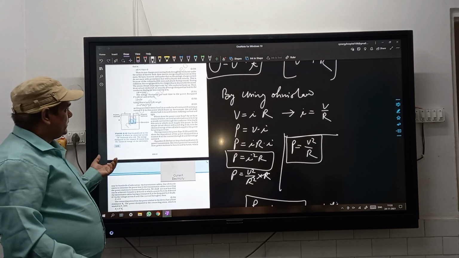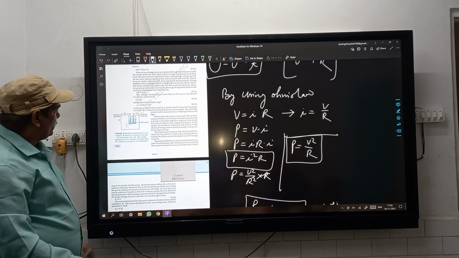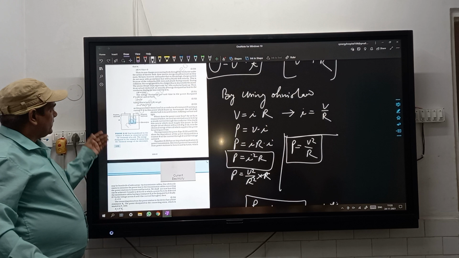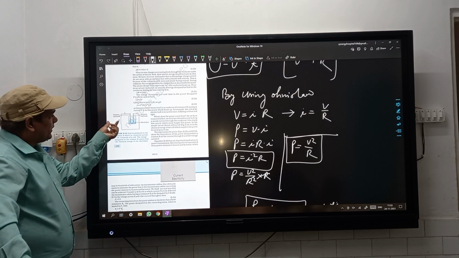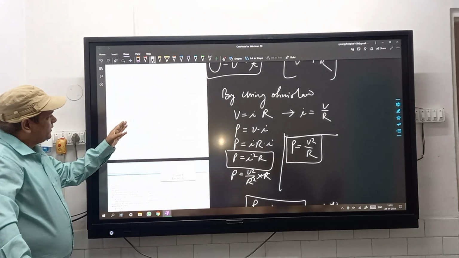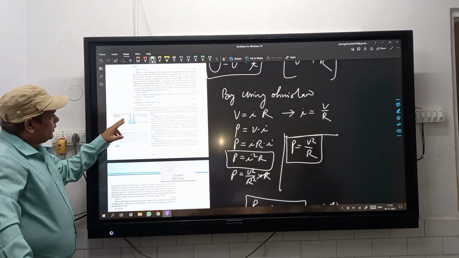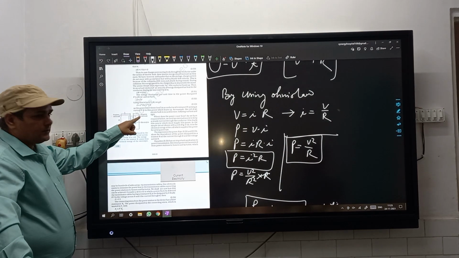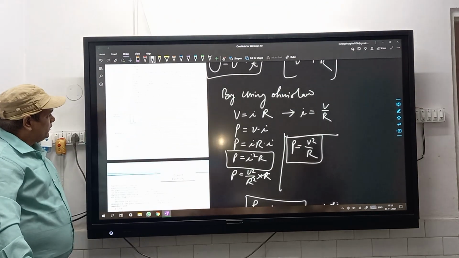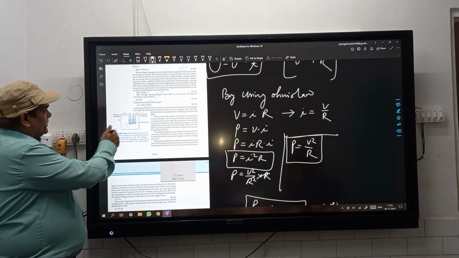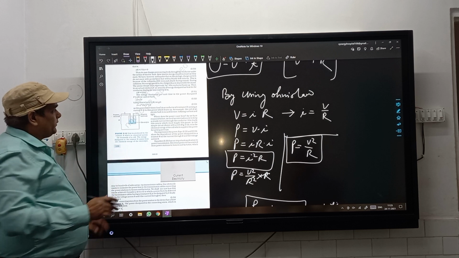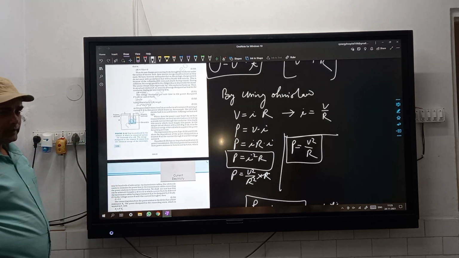So heat produced in the resistor, suppose this is an electrode. These are electrodes. One is positive, the other is negative electrode, and a resistance is connected between negative and positive.